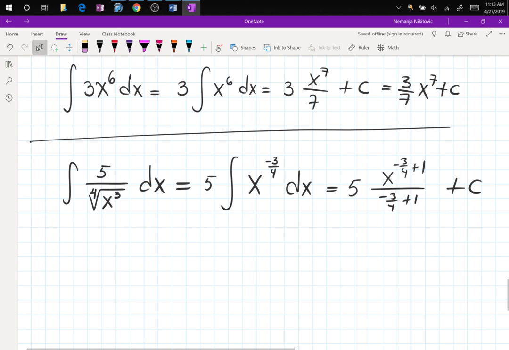I become extremely allergic to you, and then that's a problem. So don't trigger my allergies. We have 5x to the 1/4 divided by 1/4 plus c, which is 20 times the 4th root of x plus c. Or you can put x to the 1/4. It doesn't matter. It's still good.